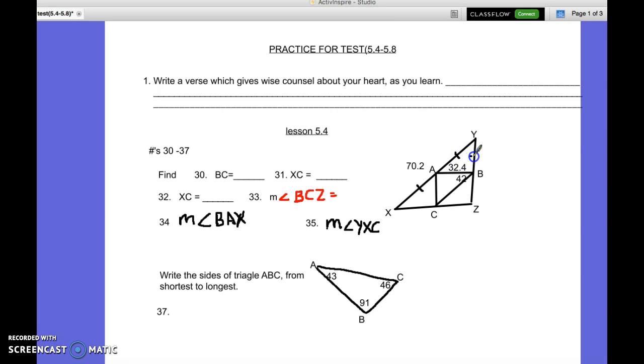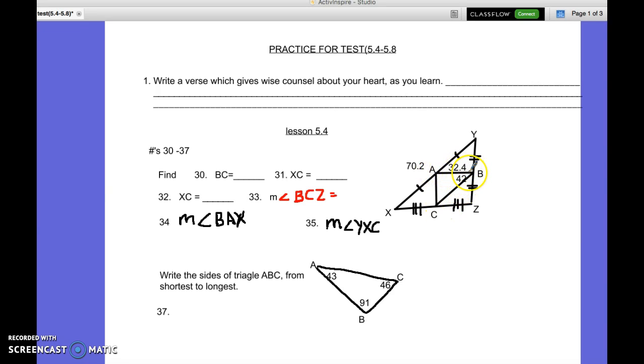And this distance YB, from Y to B, is the same as from B to X. And finally, the distance from C to Z is the same as the distance from X to C. All these are the same. So this is a mid-segment. AC is a mid-segment. BC is a mid-segment. And also AB is a mid-segment.